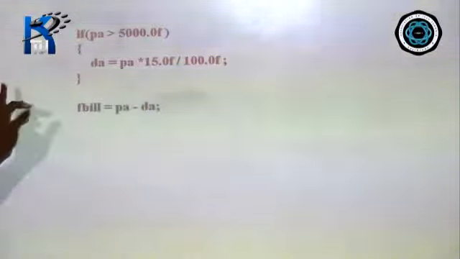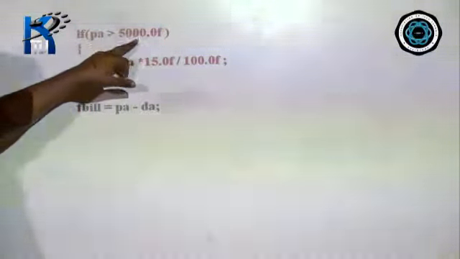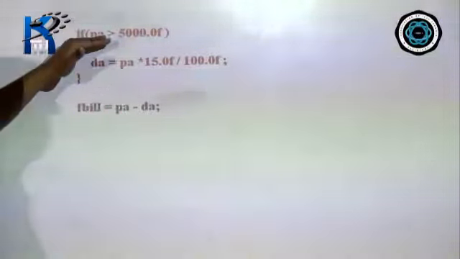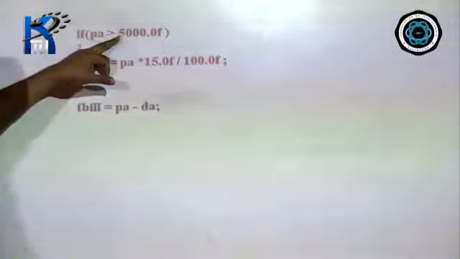So F bill, remember F bill is the variable for final bill. So F bill is purchase amount minus the discount amount. In case the purchase amount is more than 5,000, then whatever is the calculation will be stored in DA. In case it is less than or equal to 5,000, the control will not enter here.